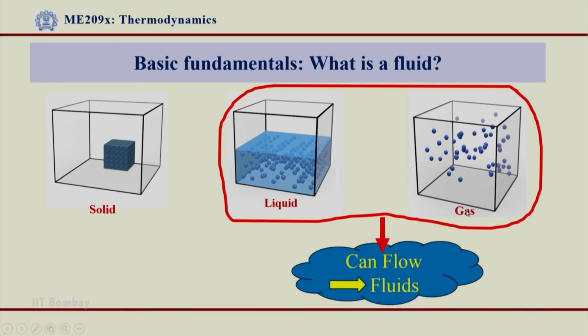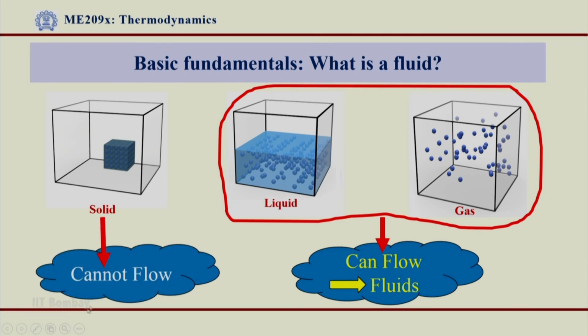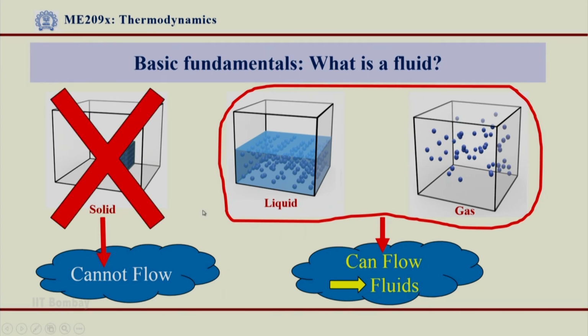So, I will say liquid and gas are called fluids, while the solid could not take the shape of the container because it could not flow, and because it cannot flow, we say that solids cannot be classified as fluids, but the liquid and gas can. Therefore we say that solids are not fluids, the liquids and gases are. So, my study of fluids will actually refer to the study of liquids and gases only.